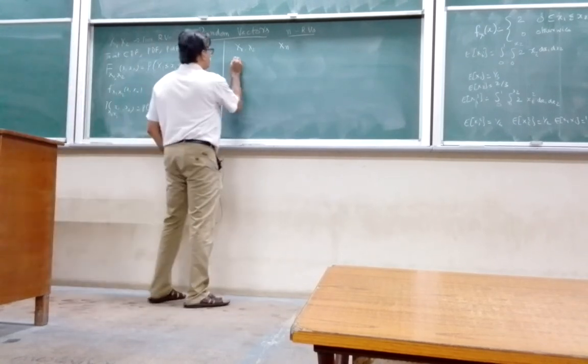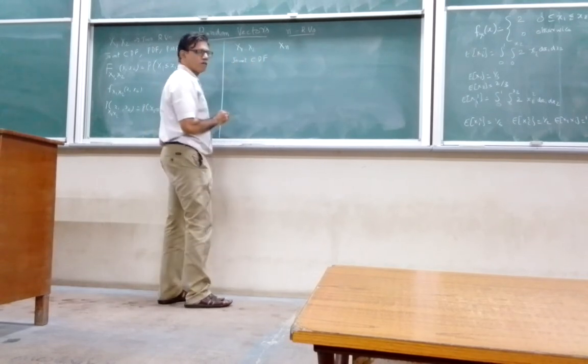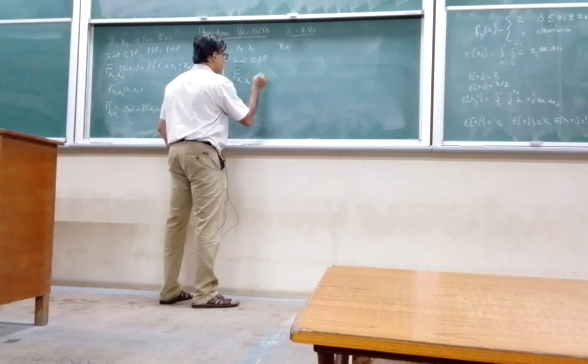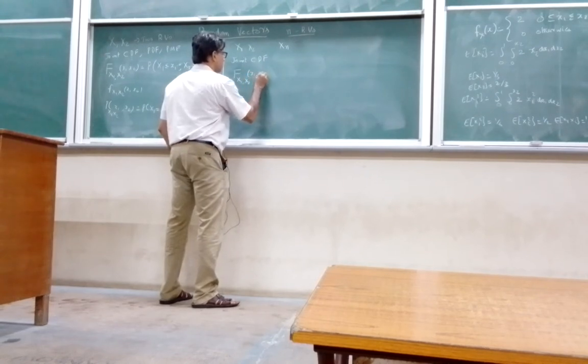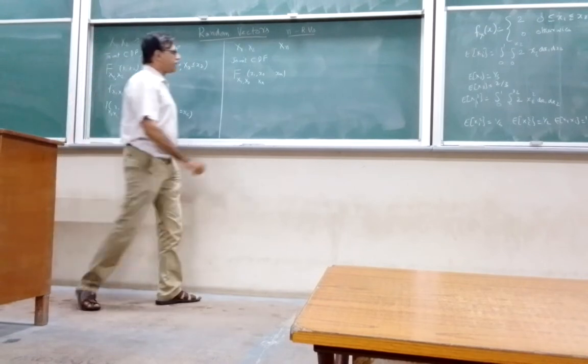Then we can define the joint CDF, with the notation F of X1, X2 to Xn evaluated at small x1, x2 to xn.